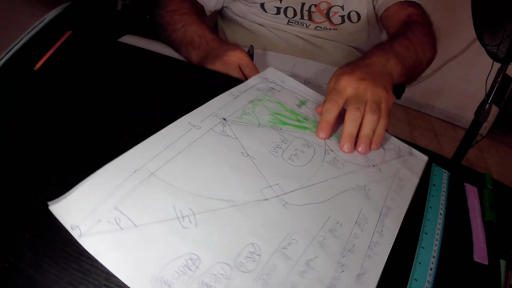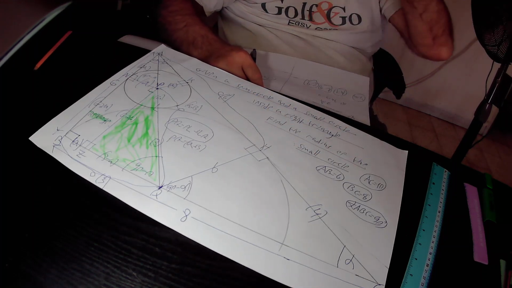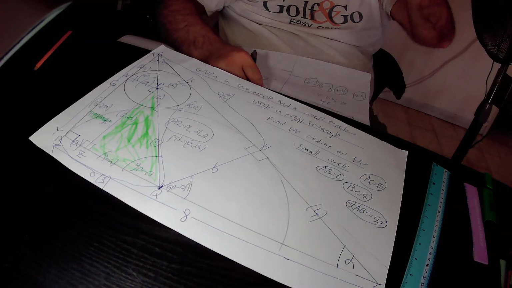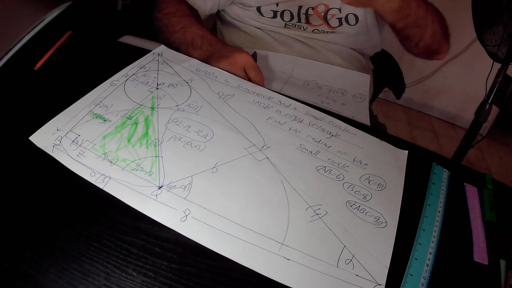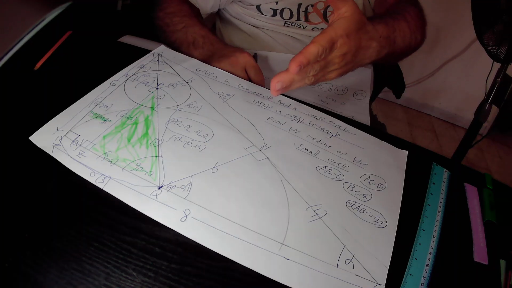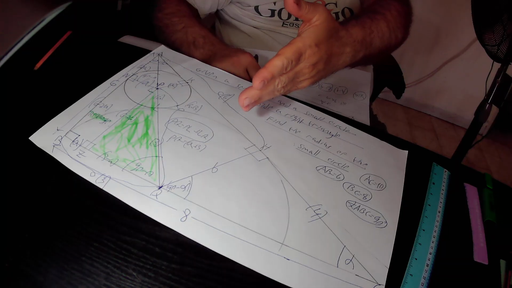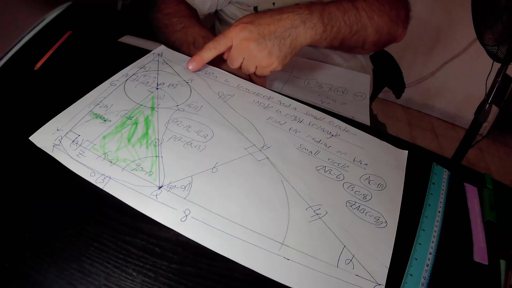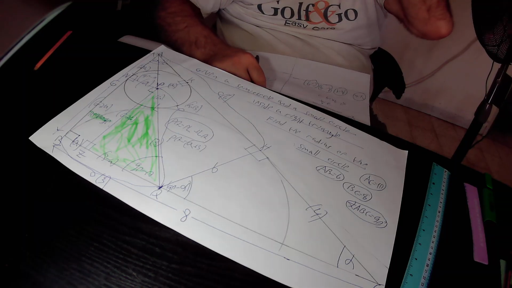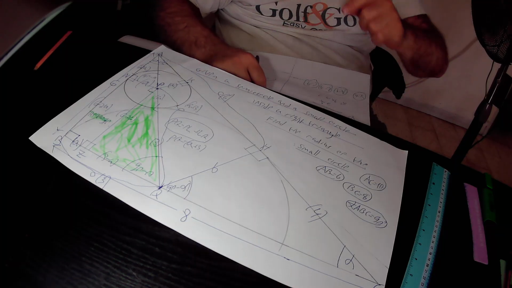Why? Because the radius of the big semicircle equals 3 units, and the big semicircle is definitely greater than the small circle, and therefore the radius of the big semicircle must be greater than the radius of this small circle. In other words, the radius of this small circle must be less than 3 units.